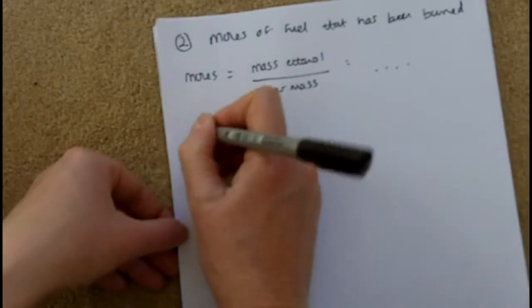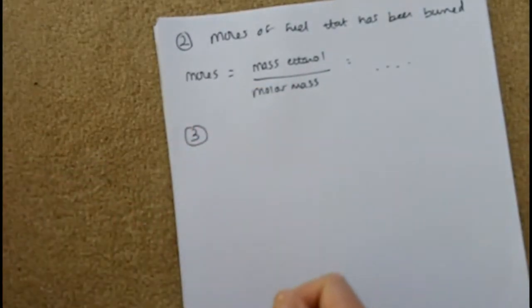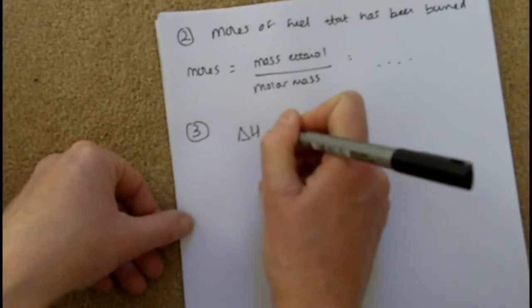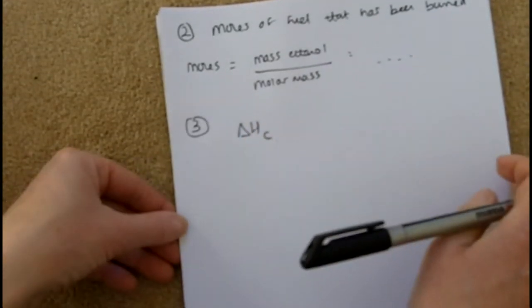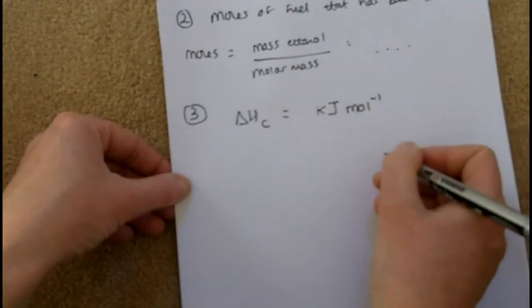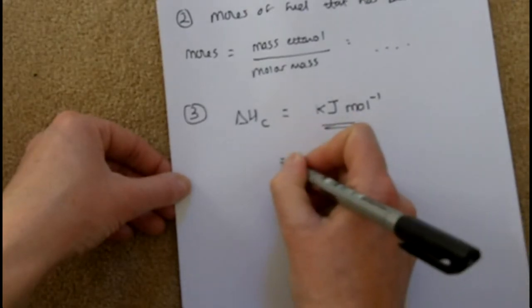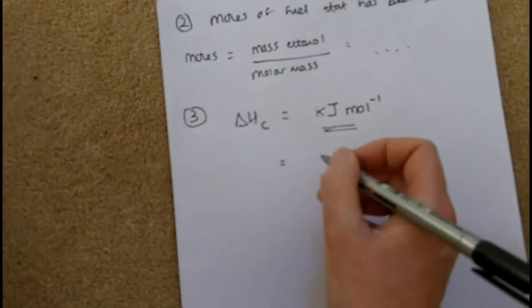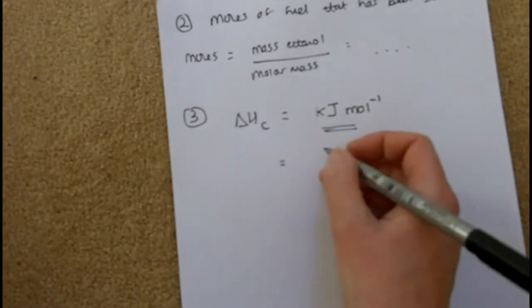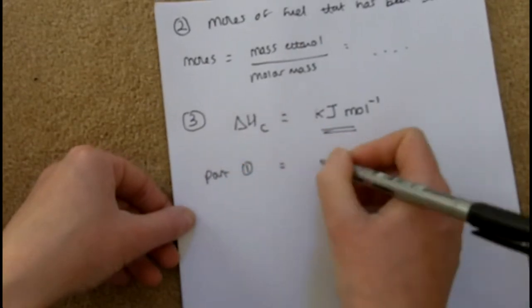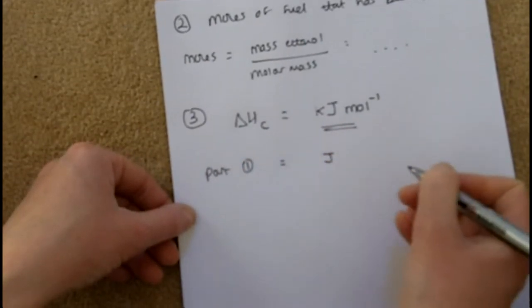And the final step, step 3 of the calculation. We're trying to find the enthalpy change of combustion of every mole, in kilojoules per mole. So what answers have we got so far? From part one, we have got joules.